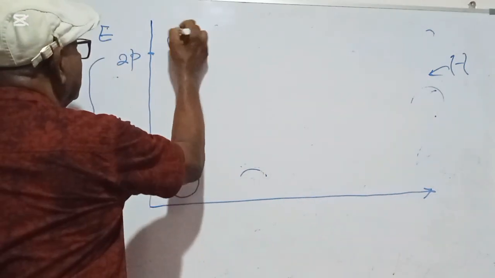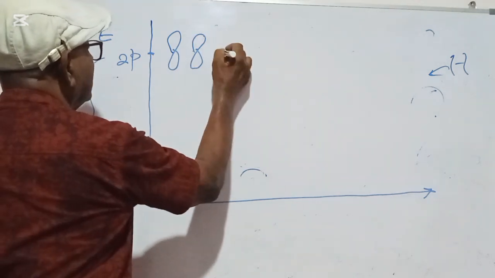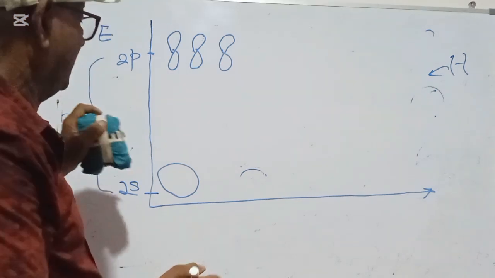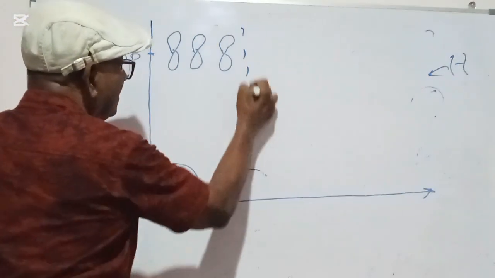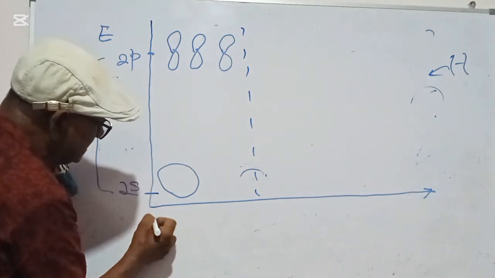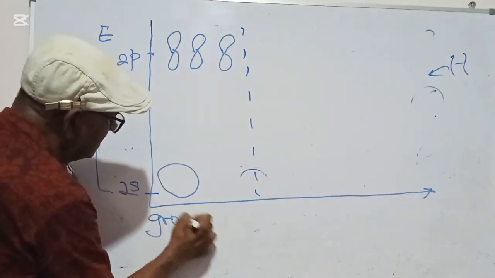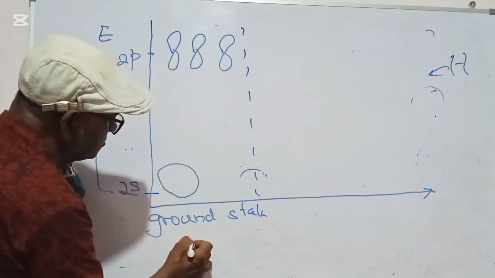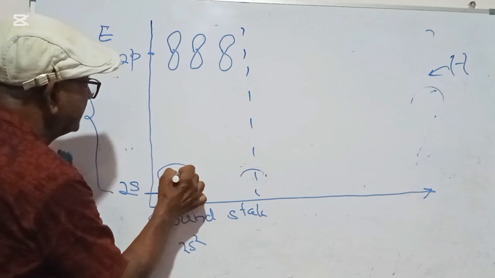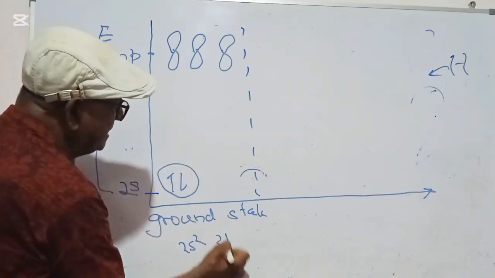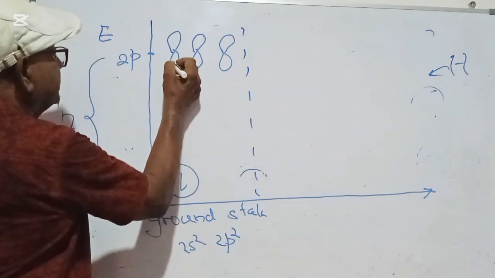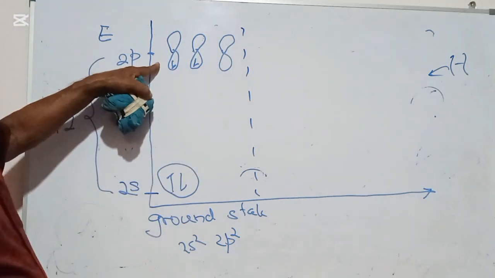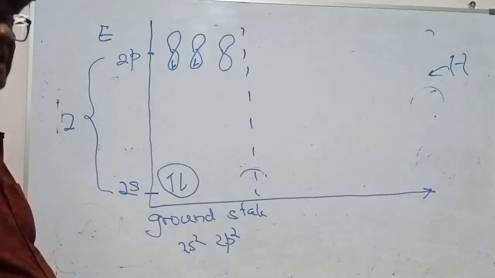Then 2p, there are three dumbbell shaped orbitals like this. What is the state? Ground state. Configuration 2s2, 2 electrons here. 2p2, 2 electrons. 1, 2. There is the energy difference. This is the ground state.